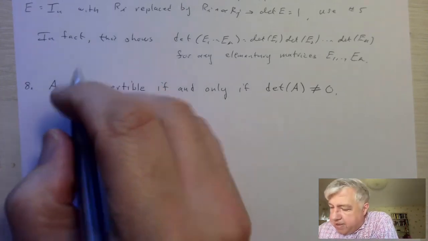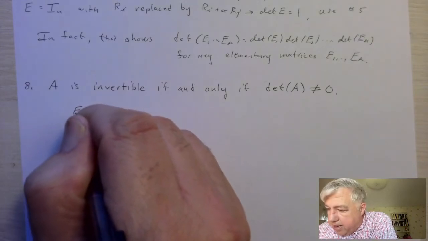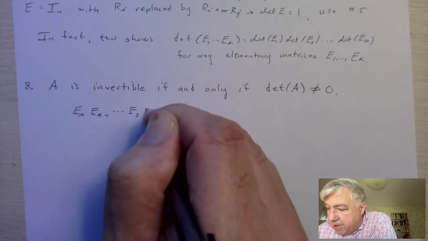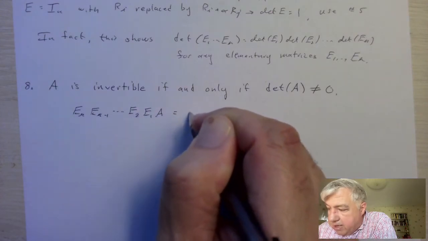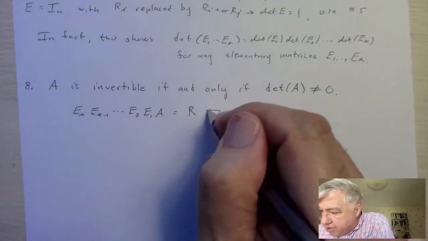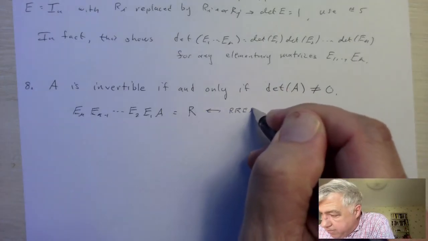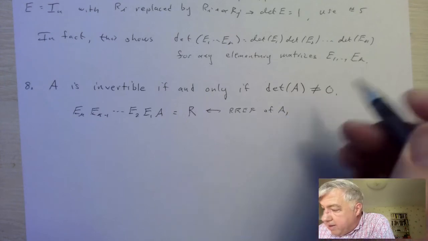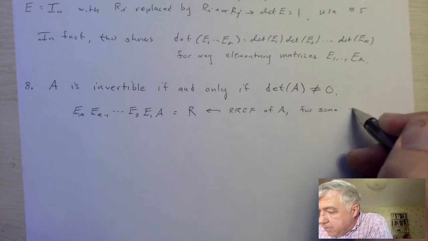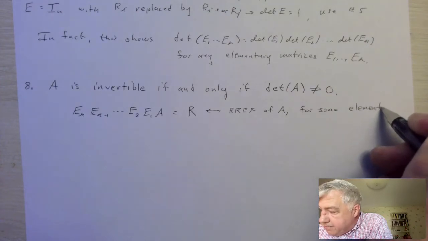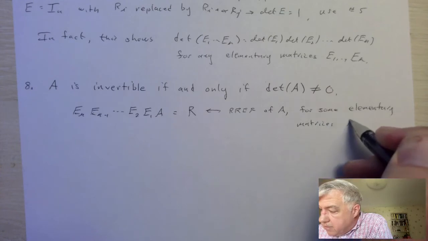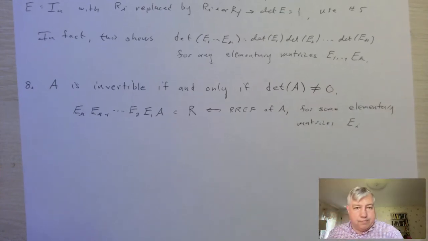So we can see that E_{k-1} through E2, E1 times A is equal to R, where R is the reduced row echelon form of A, for some elementary matrices E_i.